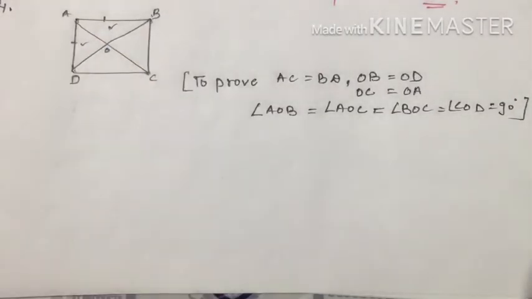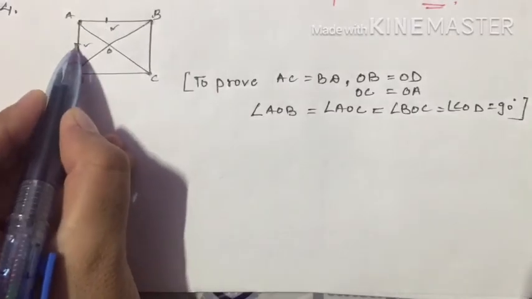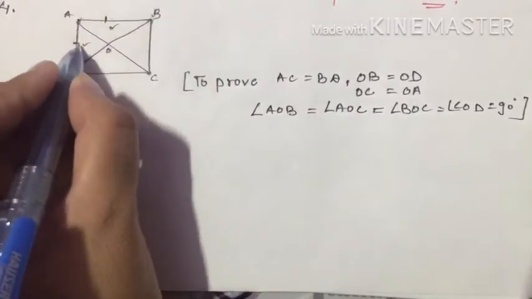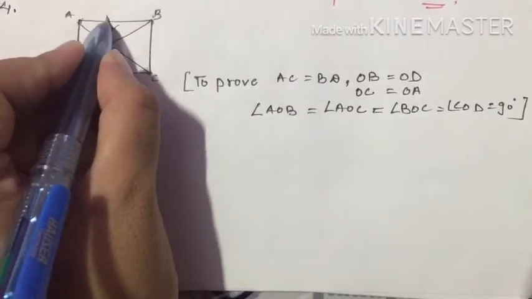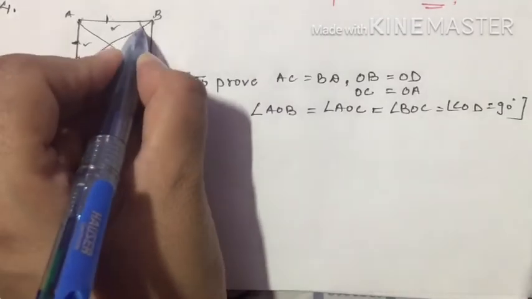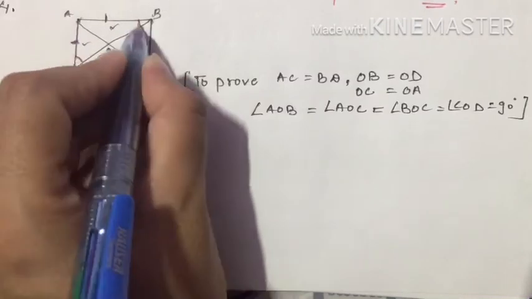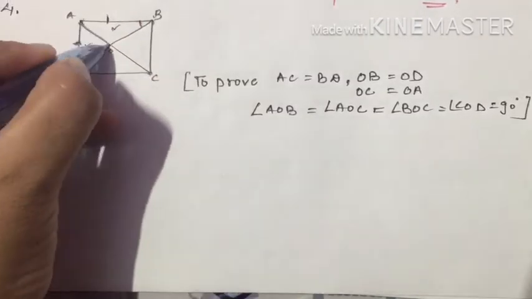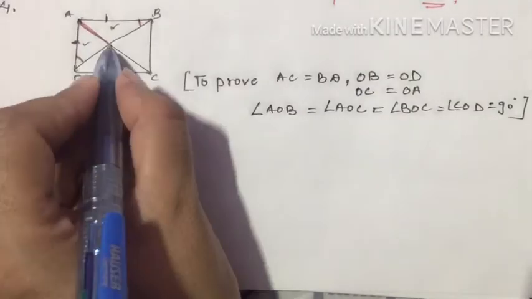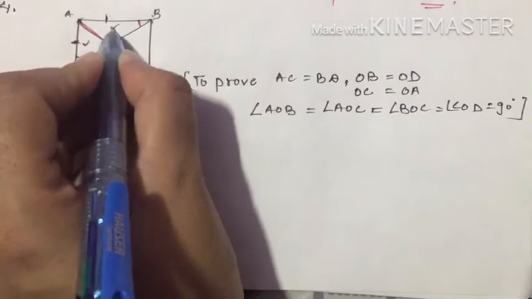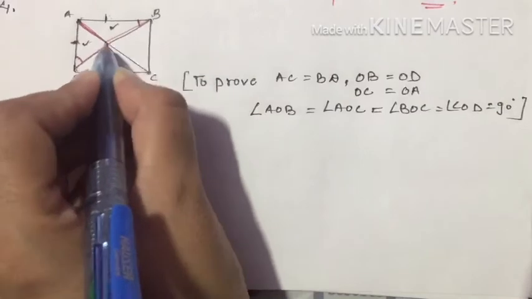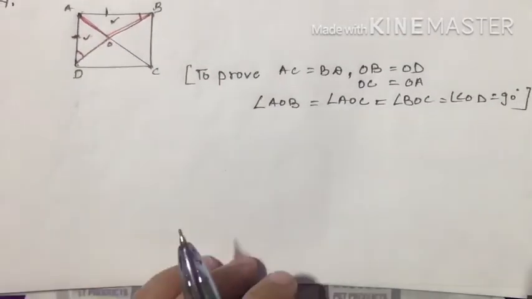In case of a square, we know that AB is equal to AD, and if I see ABD, that means if these two sides are equal, isn't it an isosceles triangle? And in an isosceles triangle, opposite angles are also equal. This side is equal to this side, this angle is equal to this angle, and AO is common to both. Yes or no? If AO is common to both, then this triangle will be congruent to this triangle. If I have proved that these two triangles are congruent, my OB will be equal to my OD. This is how I am going to start.